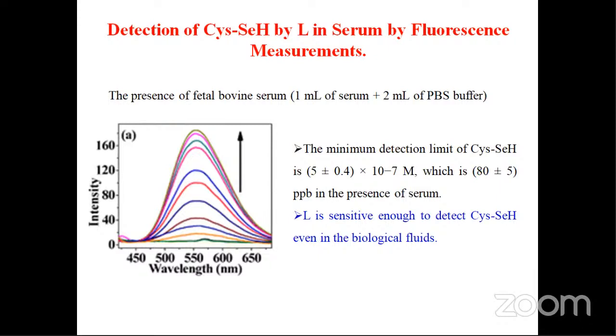As I said, in biological samples the selenocysteine level is very low. In the serum samples, we have taken fetal bovine serum, 1 ml of serum and 2 ml of buffer, and after that we added selenocysteine, and you can see that there is an increase in the fluorescence intensity.